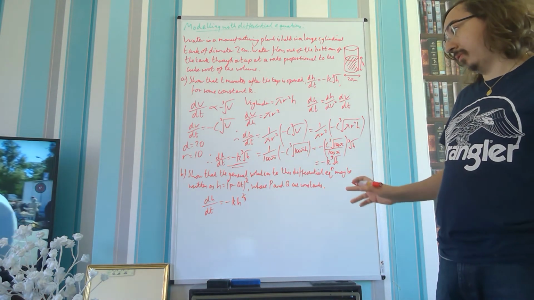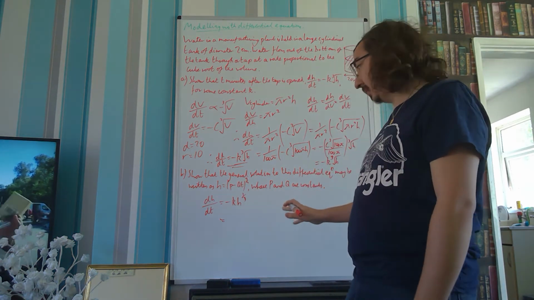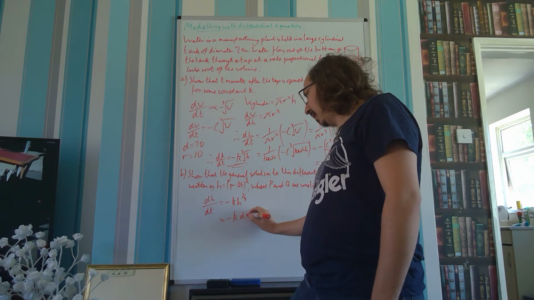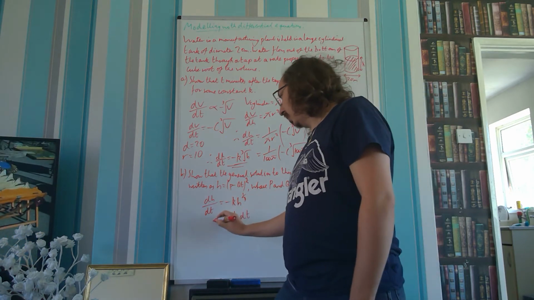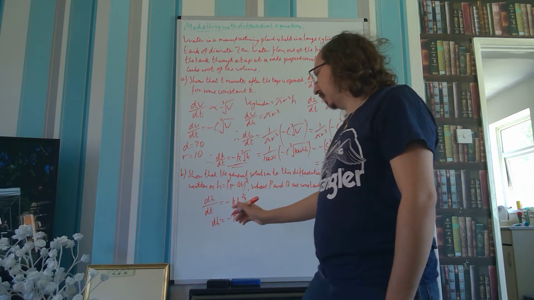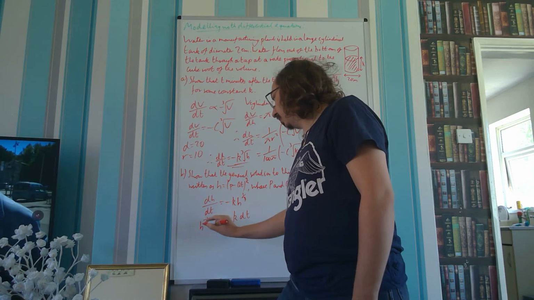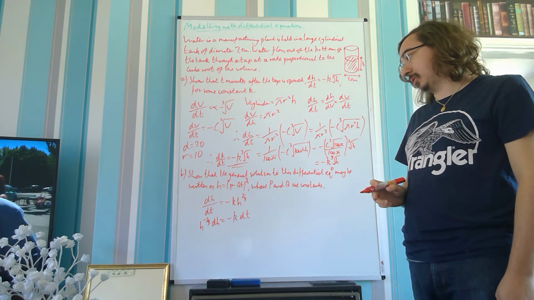We need to do a little bit of rearrangement then to get the h's on one side, the t's on the other. So leave the k there, so minus k dt. This h to the 1/3, when it moves, it becomes h to the minus 1/3, because it's 1 over h to the 1 over 3.